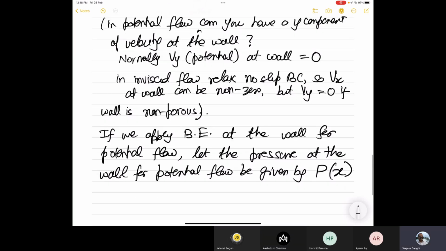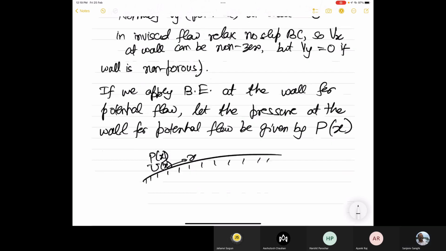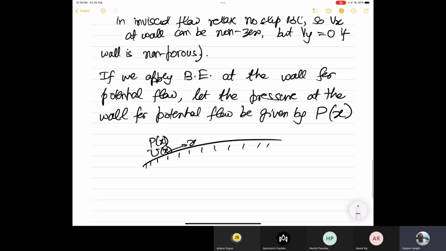That means on this wall, I have potential flow, and then at any X location, I call the pressure P of X and the velocity as capital U of X. Obviously, these are only functions of X because we are talking of values at the wall. So Bernoulli equation will give me P of X plus half rho capital U square is equal to constant.